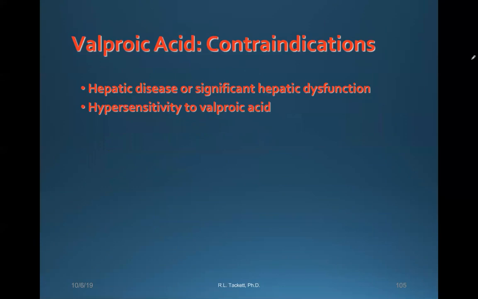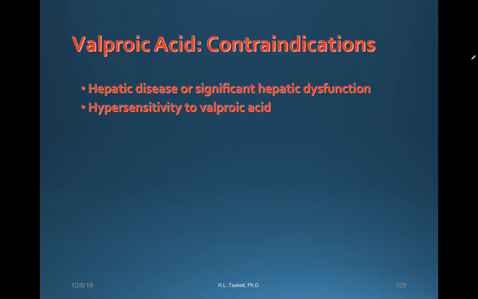So there are some contraindications. Now, let me state what I've said before. When we talk about contraindications, that means you shouldn't use the drug. But there are times when drugs are used in a contraindicated patient or in a contraindicated situation because there is not an alternative.